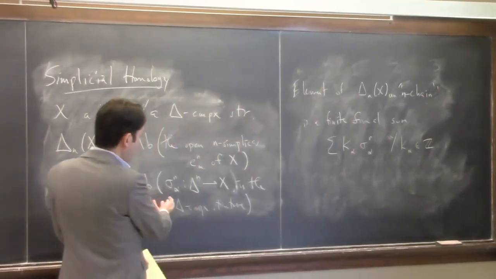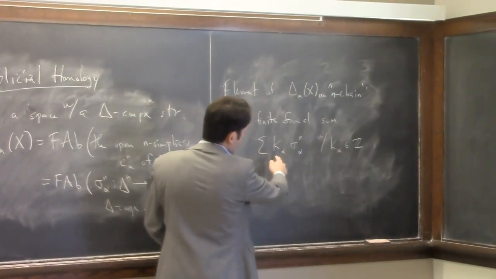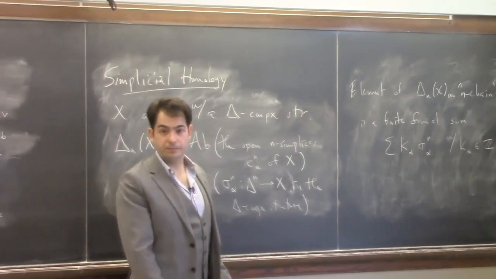By the free abelian group, what we mean is that you're just taking formal sums with integer coefficients of these.